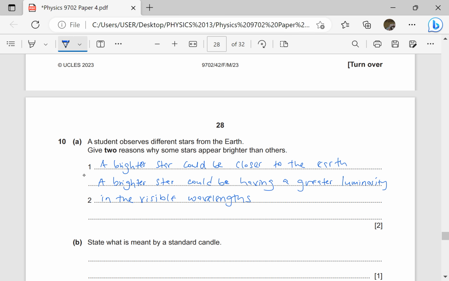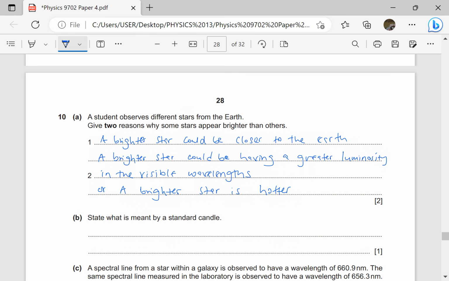Or you could say a brighter star could be hotter. Of course, if it is hotter, we could say it is emitting more power in the visible wavelength. So a brighter star could be hotter, that's why it is appearing bright.